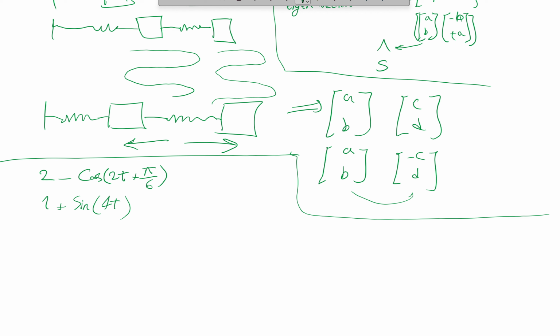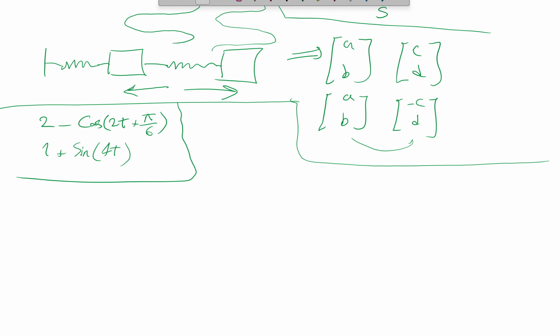So it's a good thing to do, not only in this course but in any other course where you're required to put boundary conditions or initial conditions to get an equation. If you get the final equation and you have time, just put in the initial values to see if your equation gives the actual initial values that you're given.